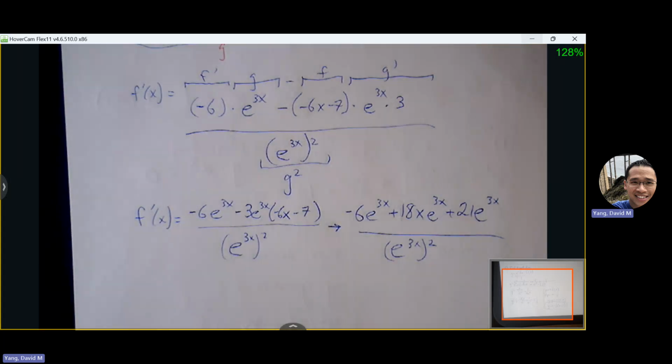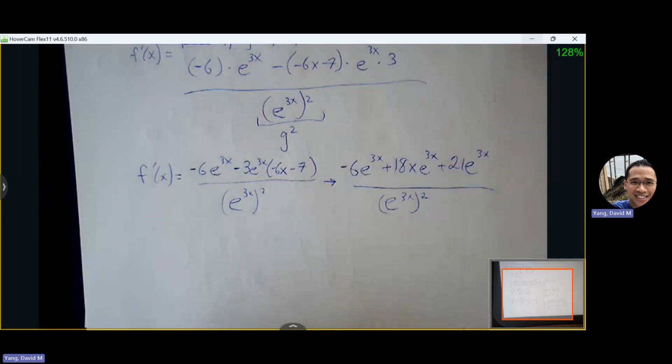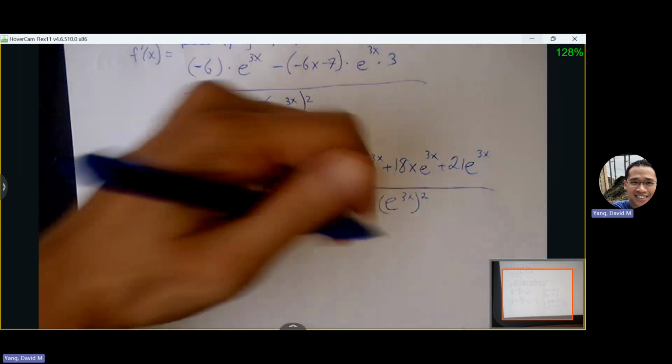I can actually factor an e to the 3x out from all three terms, and I can cancel out one of the e to the 3x below.